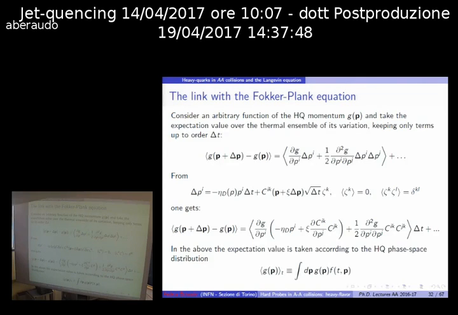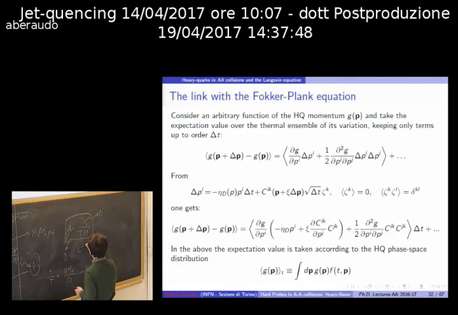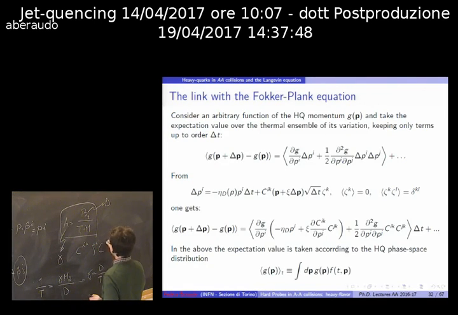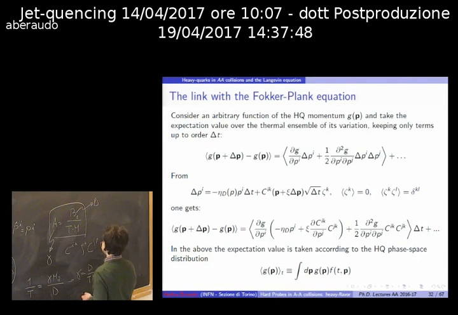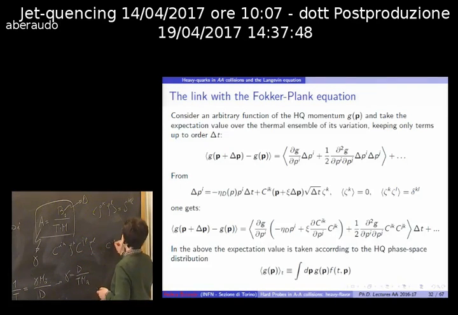Then in principle I could have C_ik zeta_k, C_jl zeta_l, but since the expectation value of zeta_k and zeta_l is equal to delta_kl, at the end I get a structure C_ik C_jk.